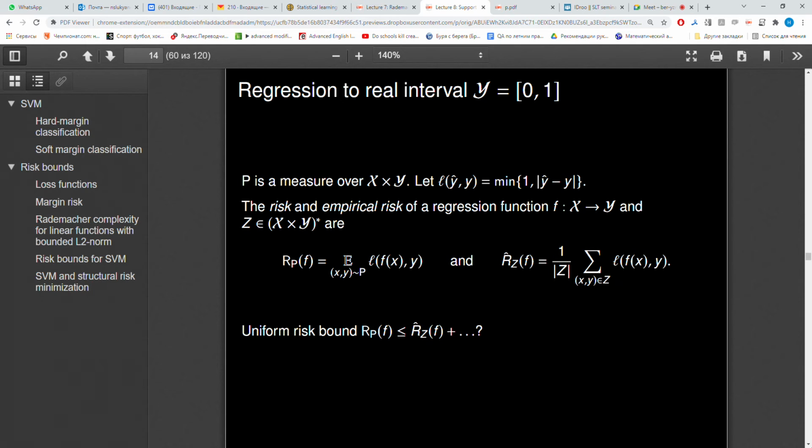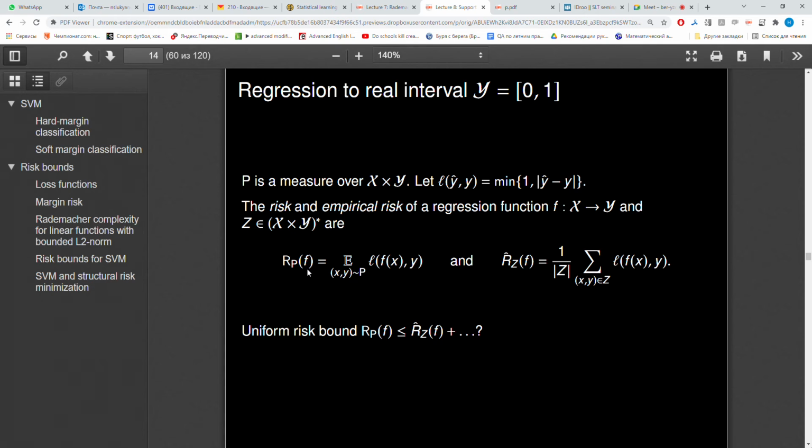Empirical risk is something like the average of the mistakes on some list Z. And we have the risk without empirical. That's an expectation of the mistake, of misclassifying. Expectation of the value of the loss function.